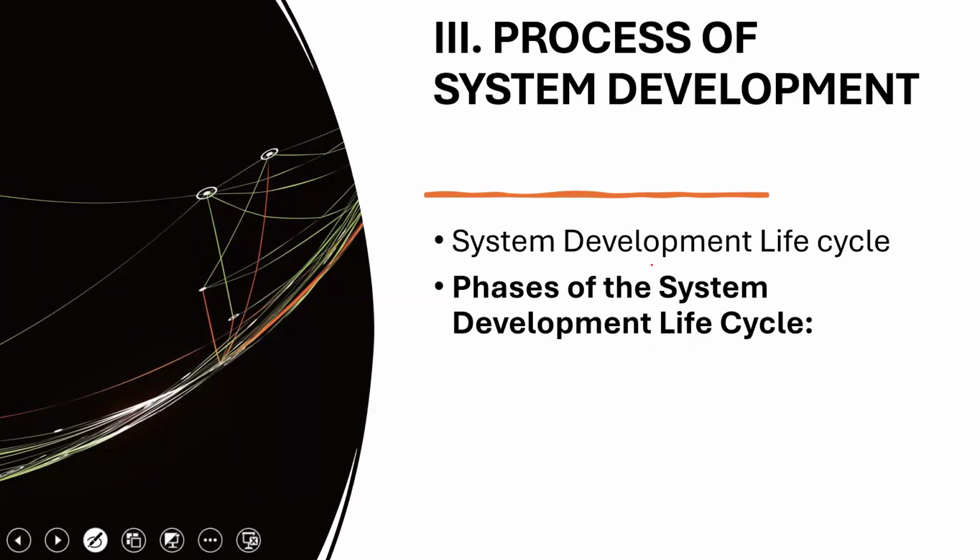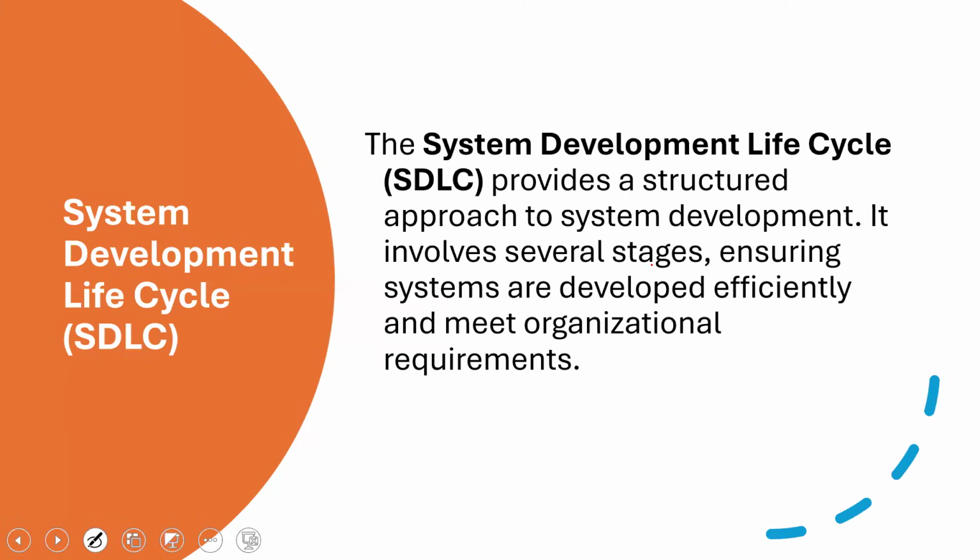The third phase, sorry, is the process of system development, right? We're going to look at what is the system development life cycle and then the phases of the system development life cycle. Now, the system development life cycle provides a structured approach to system development.